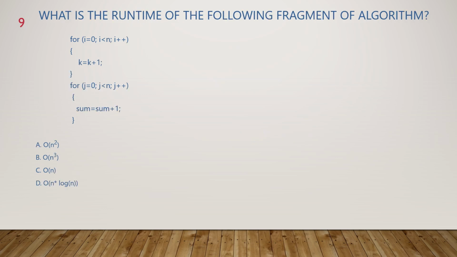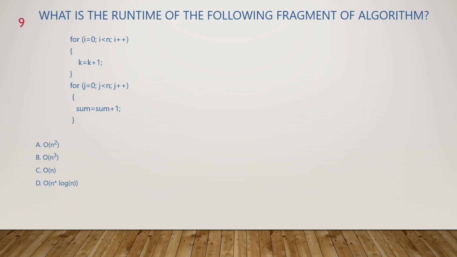Question number 9. What is the running time of the following fragment of algorithms? There is a for loop, for i is equal to 0, i is less than n, i plus plus, and within the braces k is equal to k plus 1.